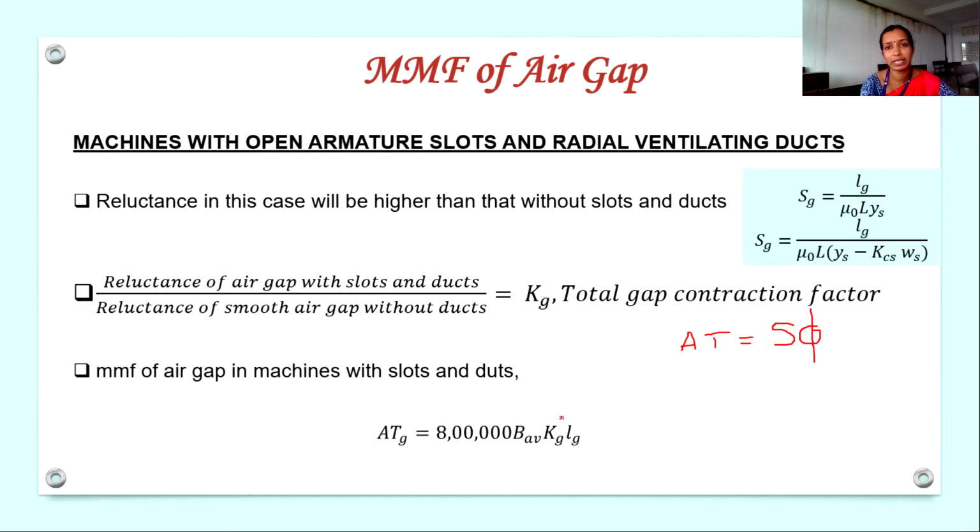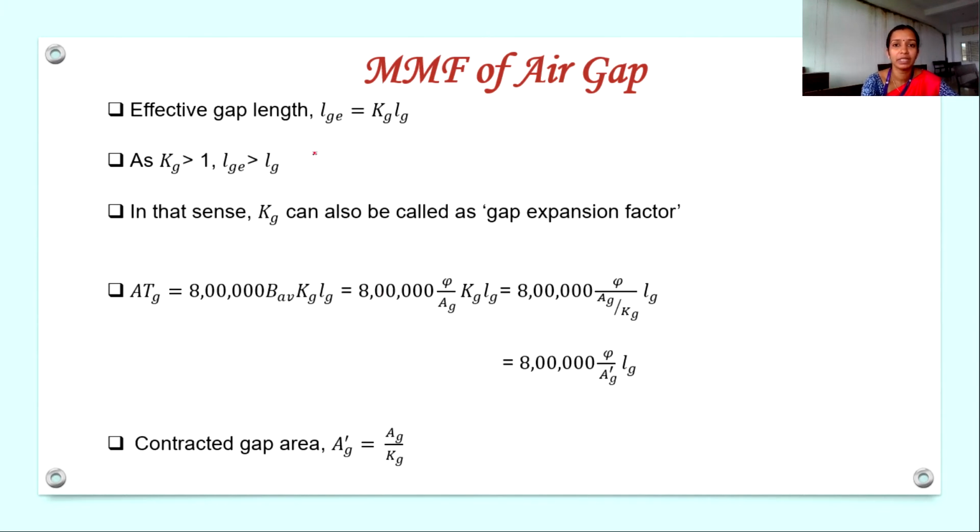We are usually calculating MMF like that. That means this term kg into Lg denotes the effective length of the air gap. Kg into Lg is the effective length of the air gap, and it can be denoted as LGE, Lg effective, which is equal to kg into Lg.